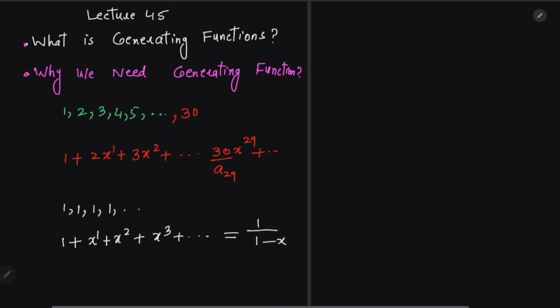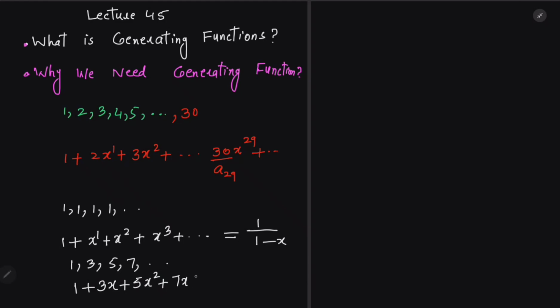Similarly, suppose we have 1, 3, 5, 7, and so on. The generating series in terms of x will be 1 plus 3x plus 5x^2 plus 7x^3, and so on. That is the generating series.